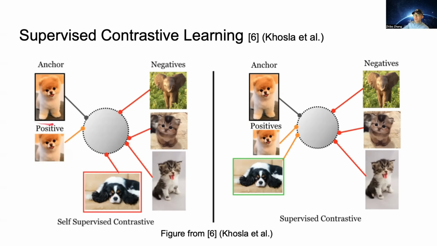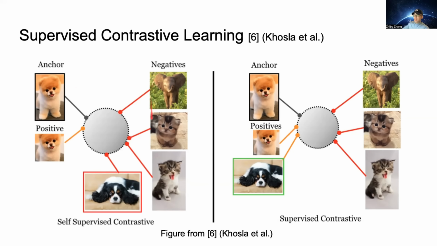For example, this is transformation 1 of the original image. This is transformation 2 of the original image. Okay, and they originate from the same dog image. When this one is used as the anchor, this dog image will be used as a positive example because, remember, they originate from the same image, and that's the reason it should be treated similarly in the embedding space. Okay.